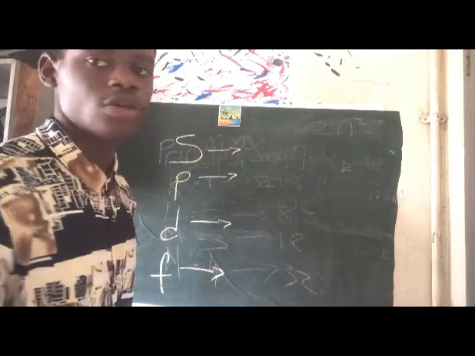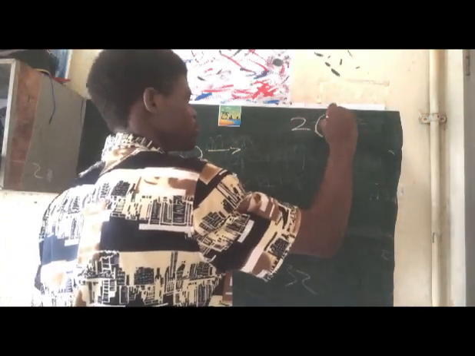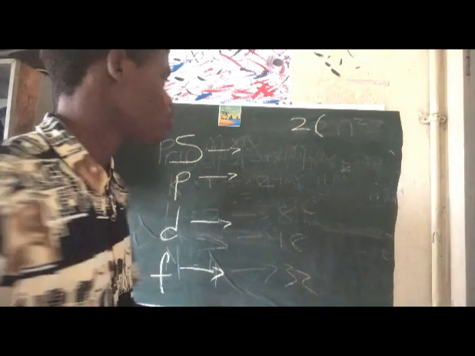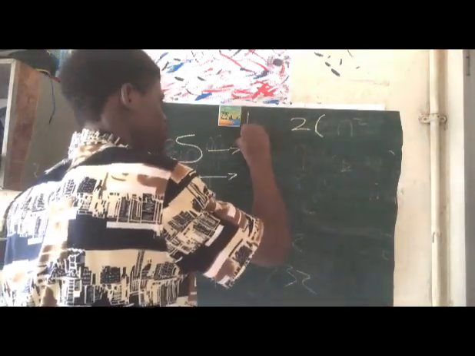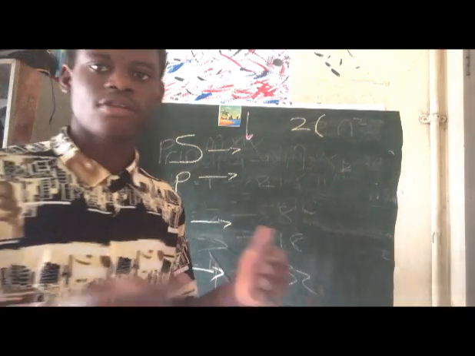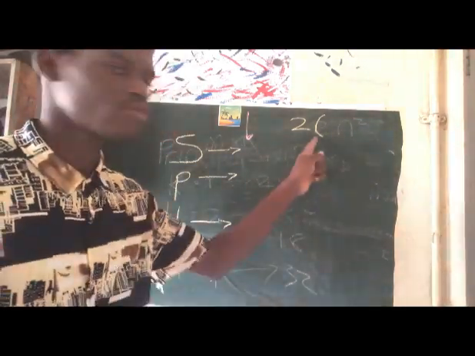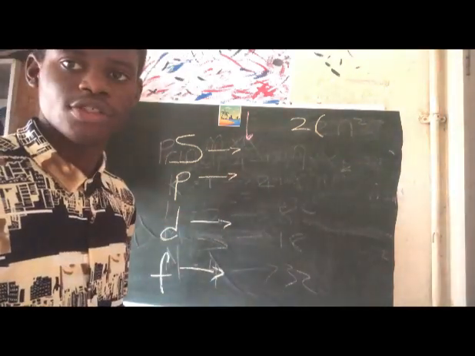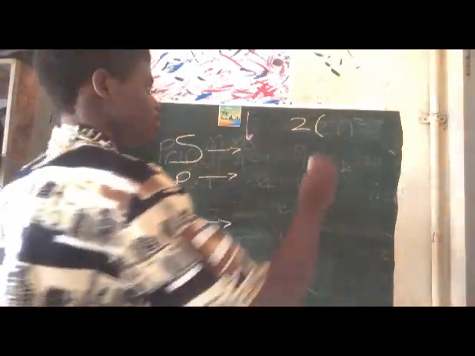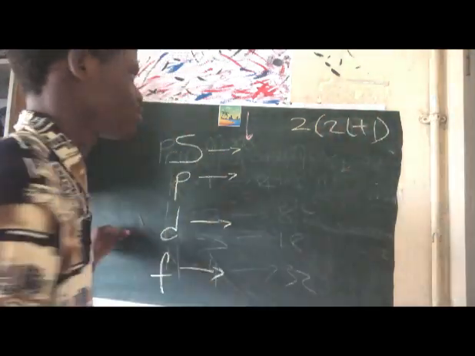So how do you calculate it? One thing, the azimuthal quantum number is represented by L, while the principal quantum number is N. To calculate the maximum number of electrons in each subshell, the formula is 2 times the bracket 2L plus 1.